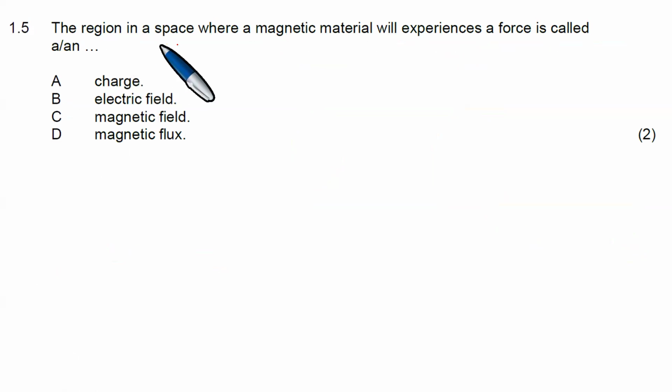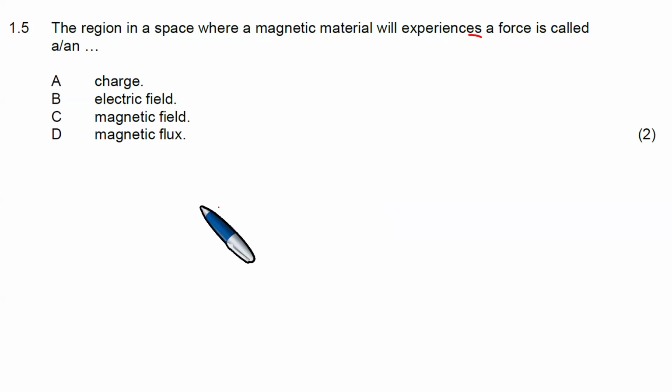The region in a space where a magnetic material will experience a force is called a what? I made a typo there. So a magnetic material experiences a force.